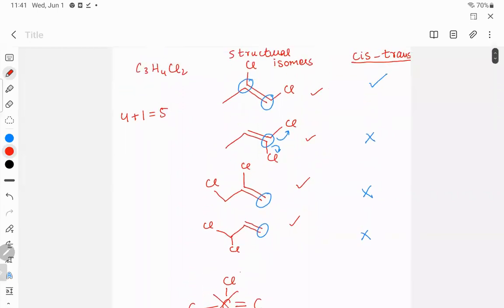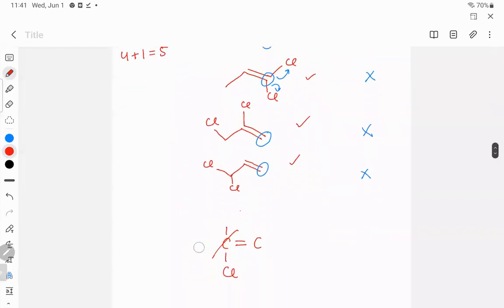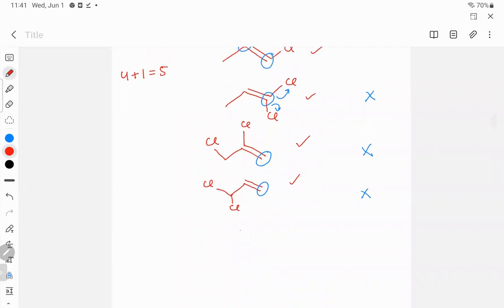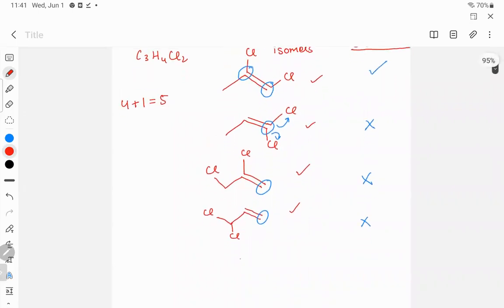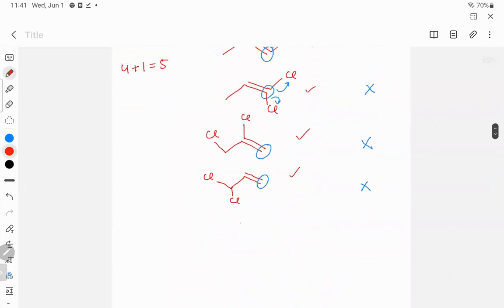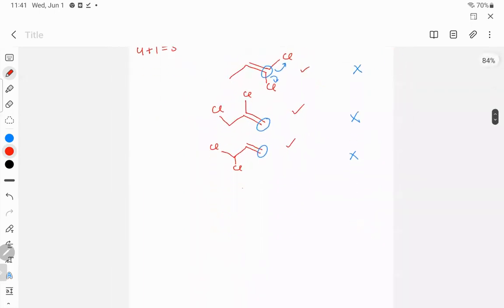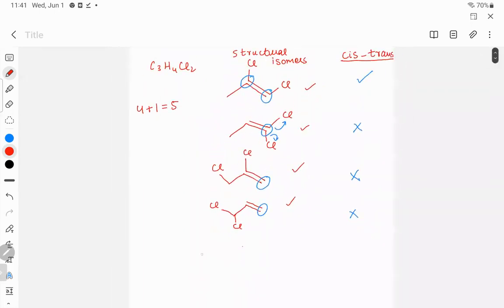But we forgot one other possibility. Let me zoom out a little so you can easily observe all the structures. If I draw a propene where we have one chlorine over here and one chlorine over here, right? This can be another structural isomer.